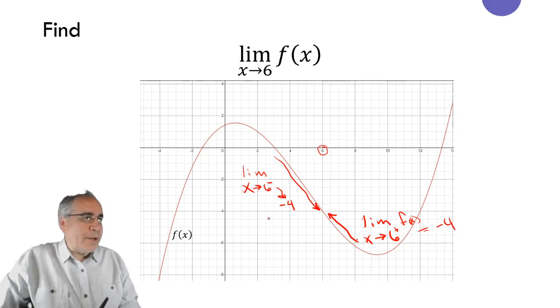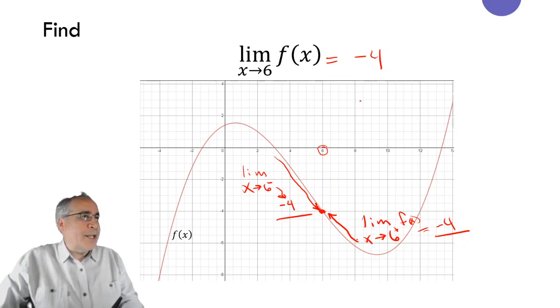So since the left limit and the right limit are the same, we can say the limit does exist and is equal to -4. Now, the function value itself also exists, and it is also -4. So f of 6 actually does equal -4.